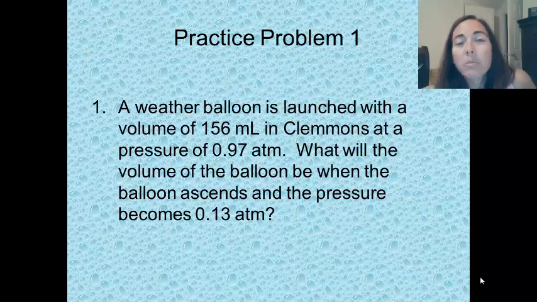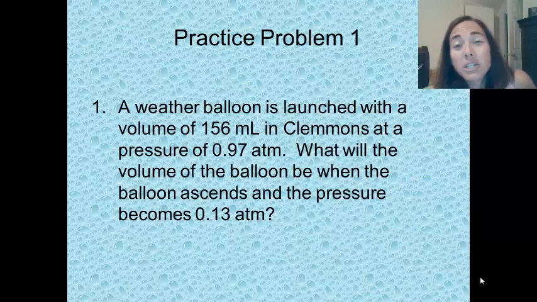Let's work a problem with Boyle's law. When you read a word problem, the first thing you need to do is figure out what all of these numbers represent. So we're looking at this weather balloon, and we know the conditions that it's launched from Clemens. We want to find out what the new volume of the balloon is at a new pressure after it goes up into the atmosphere.